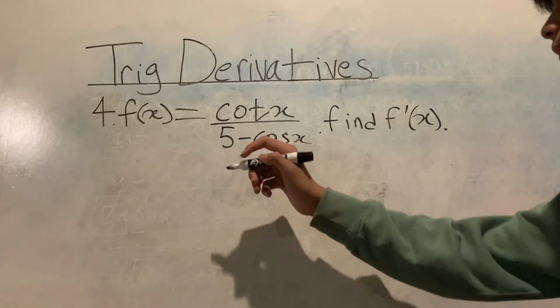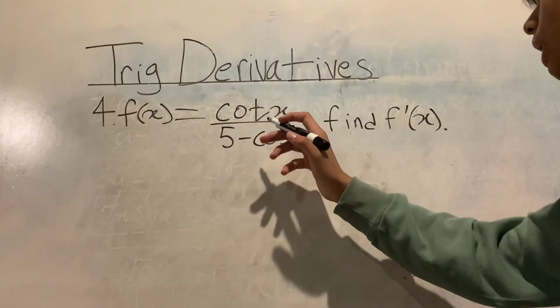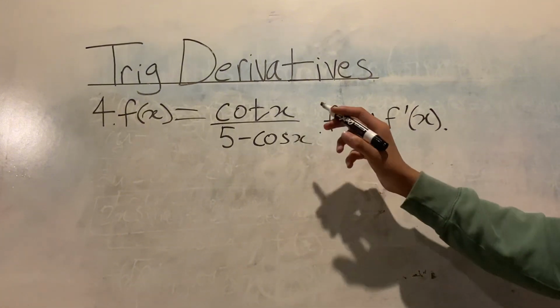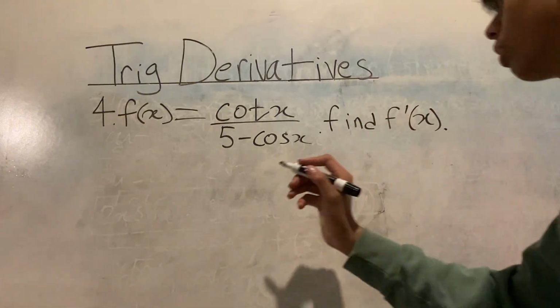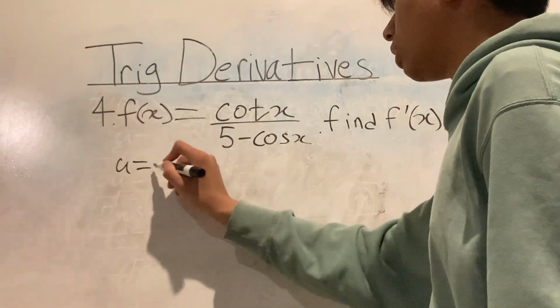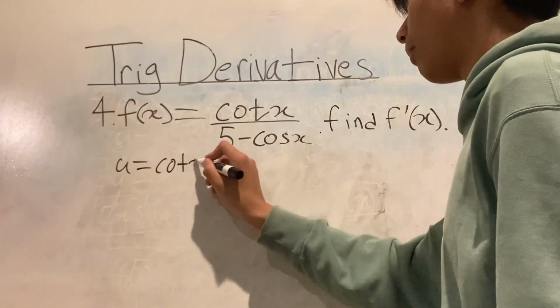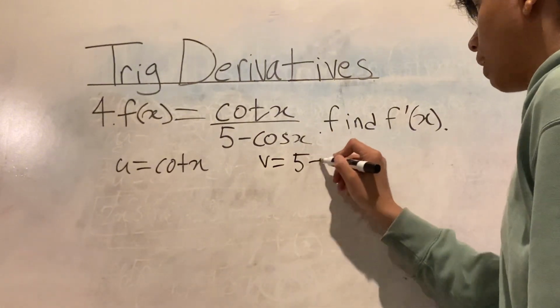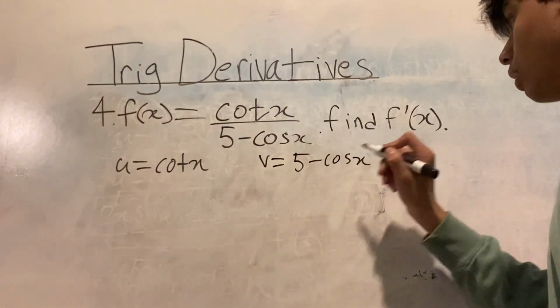So for this we have f of x equals cotangent x over 5 minus cosine x. So we see that this is a quotient rule. So let's use that. So u is the numerator, which is cotangent x. And v is the denominator, which is 5 minus cosine x.